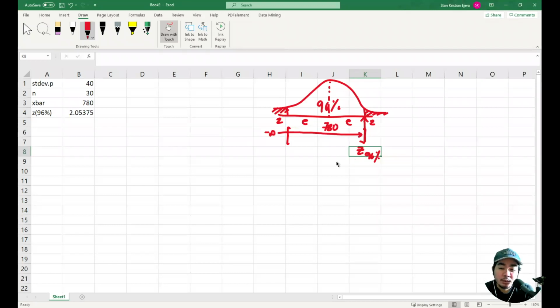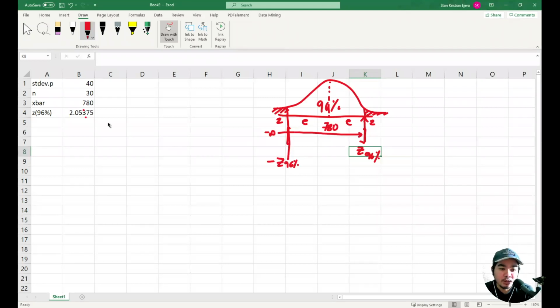Okay? You will notice that if I use 2%, since this is symmetric, I should get negative z of 96%. So I should get negative 2 point something here.